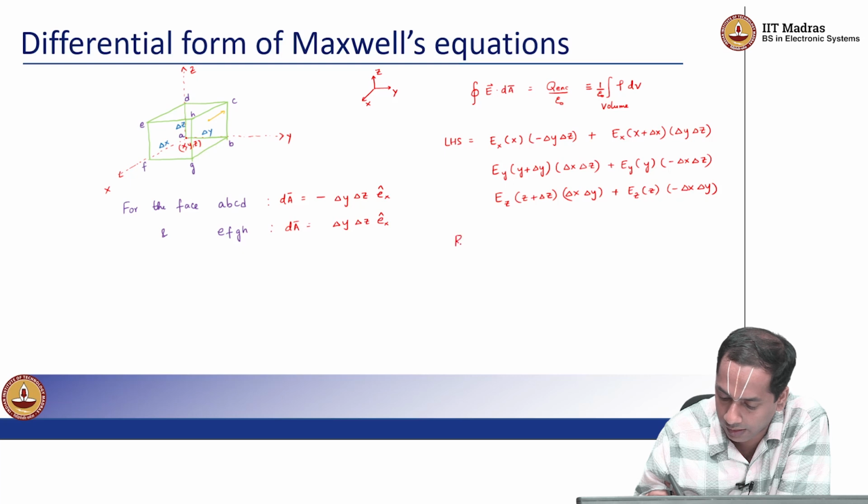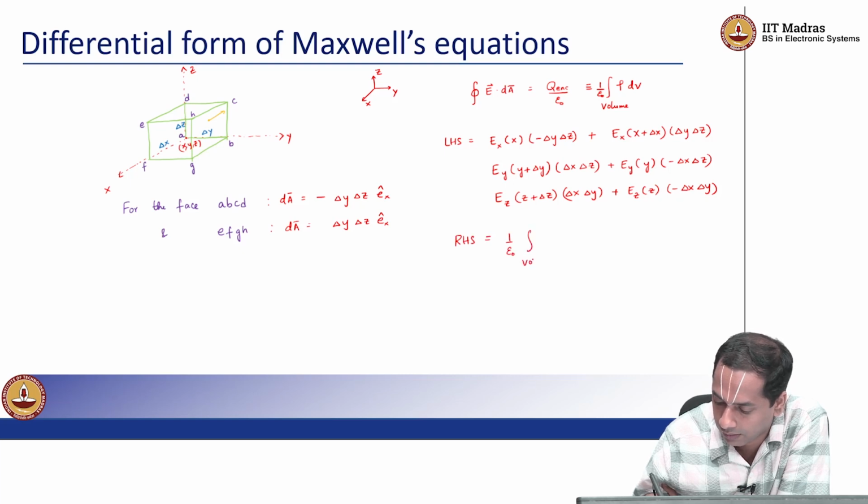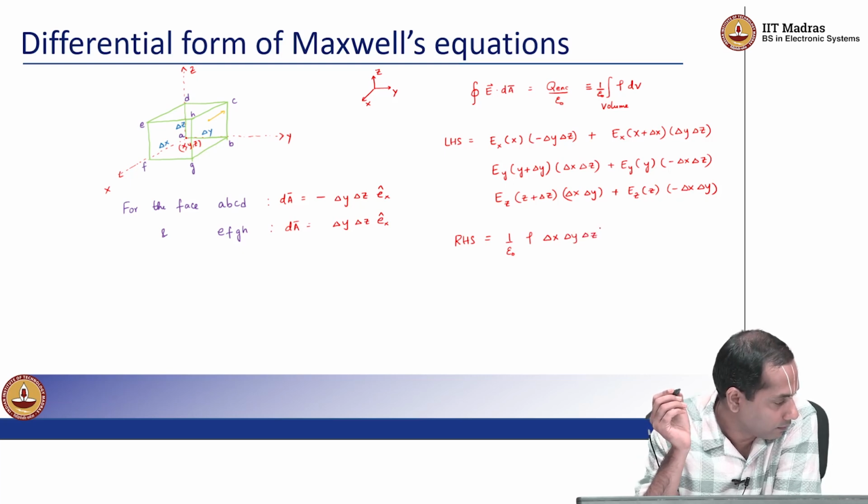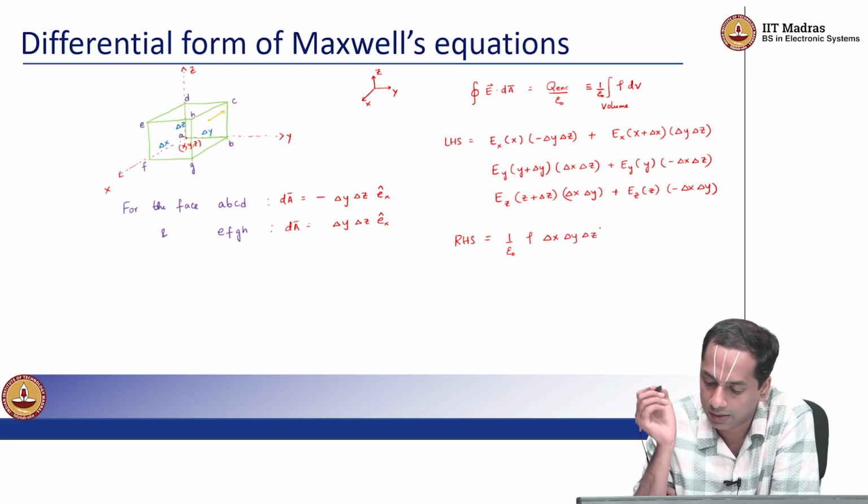And the right hand side is quite easy. It's just 1 over epsilon naught, and then the volume integral of rho times dV, which is essentially rho times the volume.